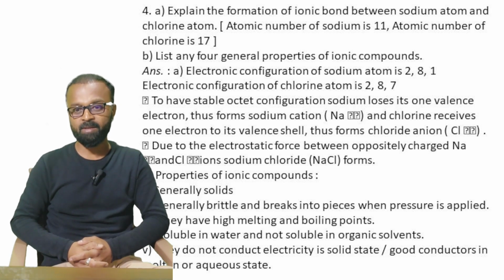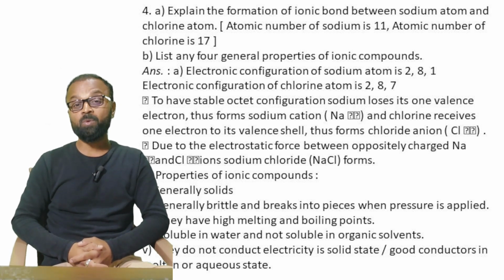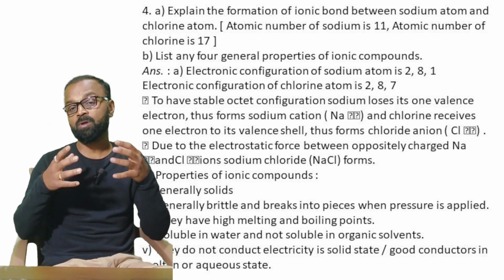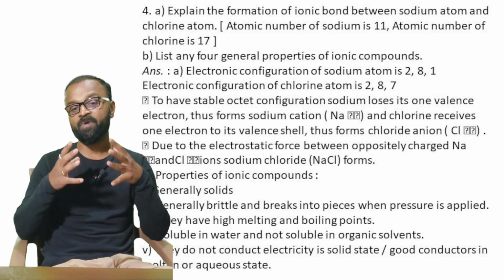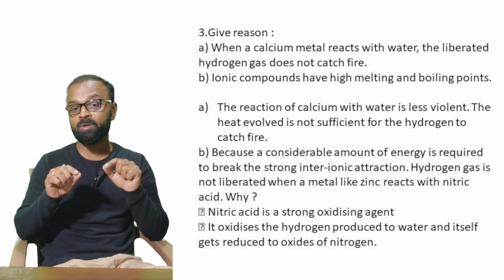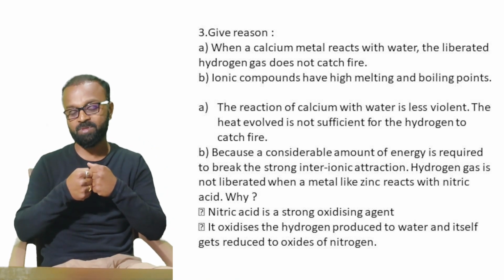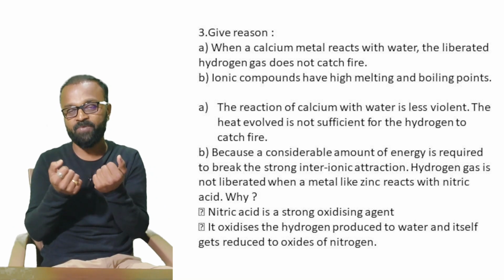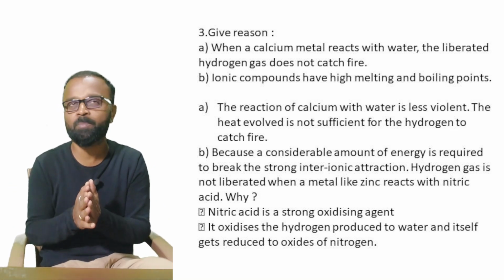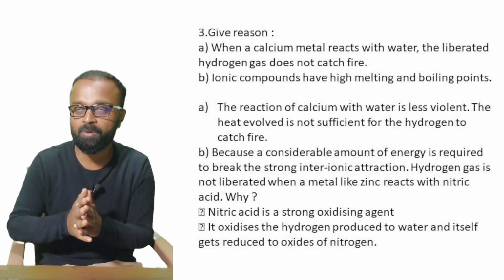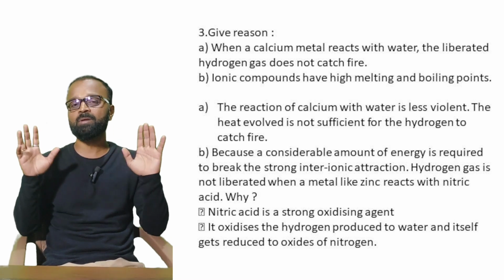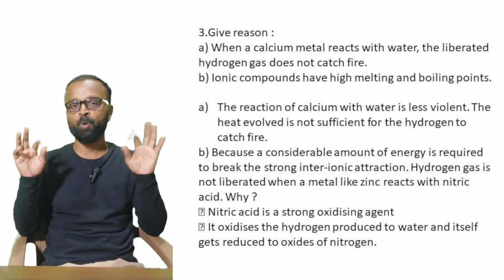What is the reason behind that? Because it requires a considerable amount of energy to break the strong inter-ionic attraction which is there between the ions, like for example in sodium chloride. Whenever they ask about any properties of ionic compounds, just try to remember salt, sodium chloride.